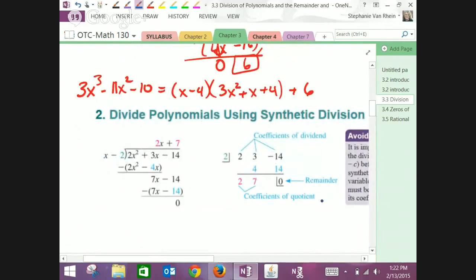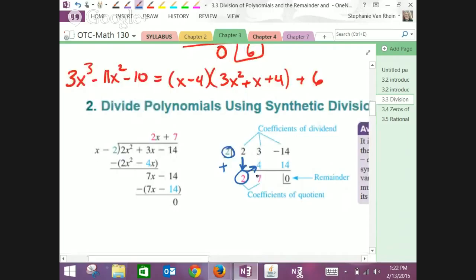Synthetic division is putting the factor here, listing the coefficients of the dividend. You drop the 2. You always drop the first term. Then you take 2 times 2 to get 4. And here you always add. So what's 3 plus 4? That's 7.